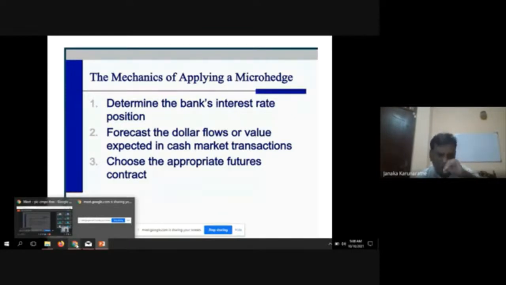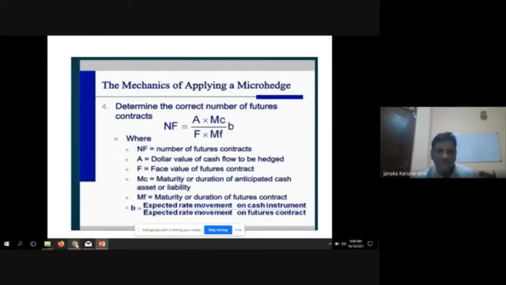So if the change is equal in the interest rate in both futures and cash market, you will end up with zero risk. But if it is not the same, you will partially cover your exposure, right? Clear? So that's basically micro hedging a particular financial instrument.